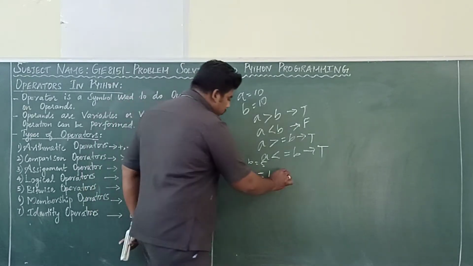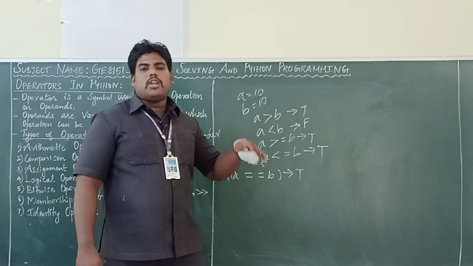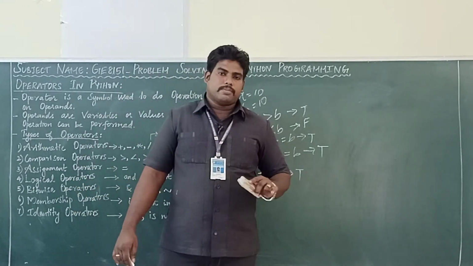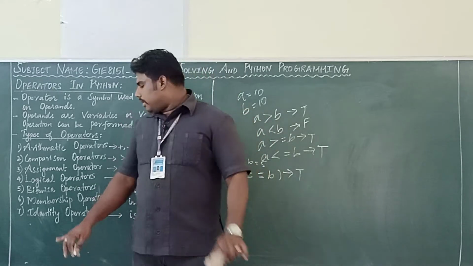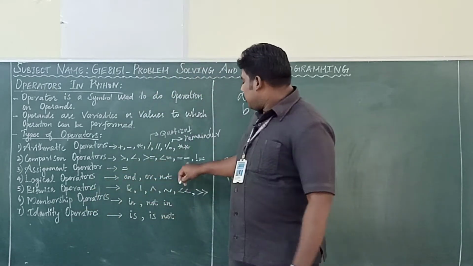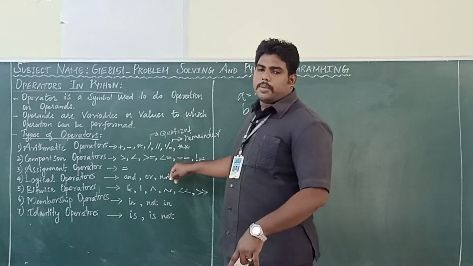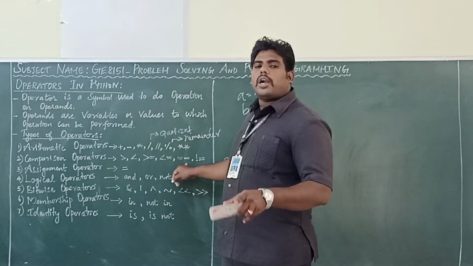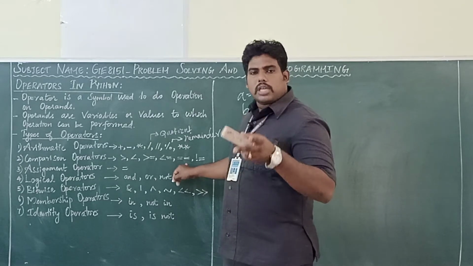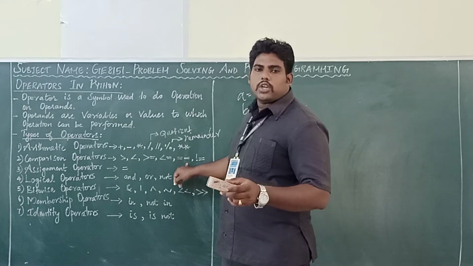It is true. You are checking whether both the variables or values are equal or not. Double equal symbol only denotes equal to in Python programming. So if you want to check both the numbers are equal, you have to put double equal to.